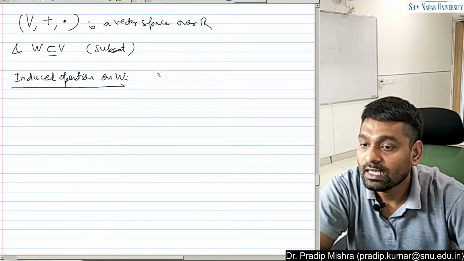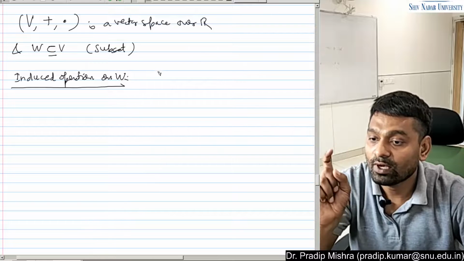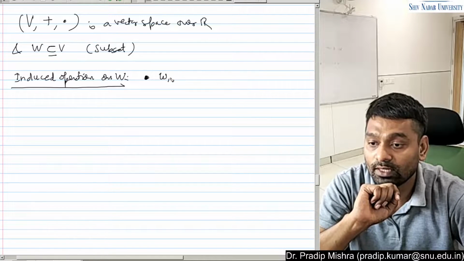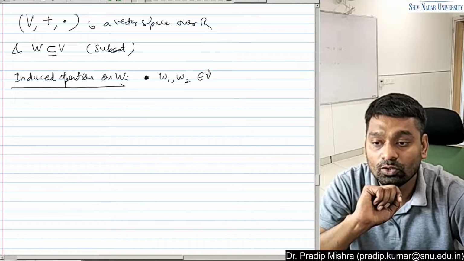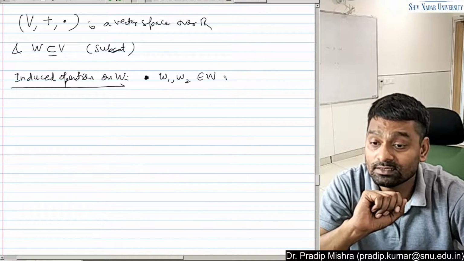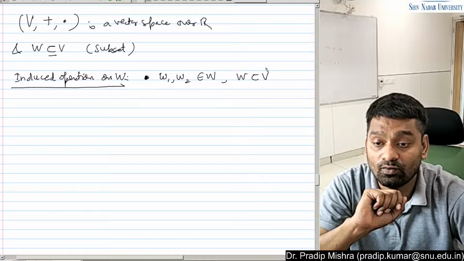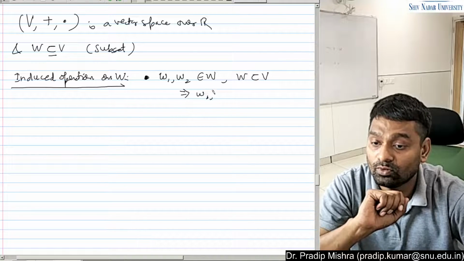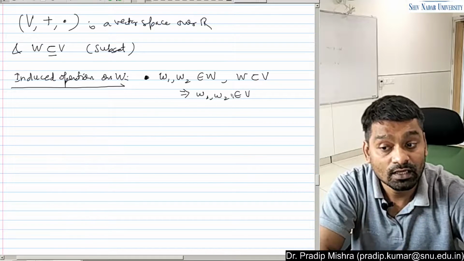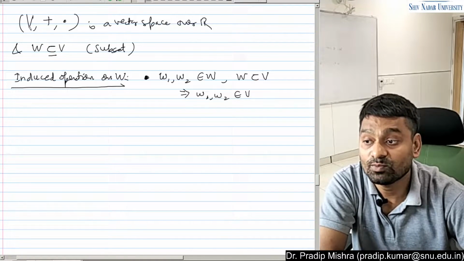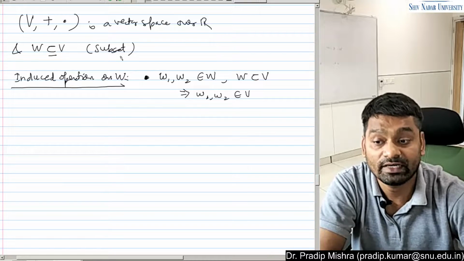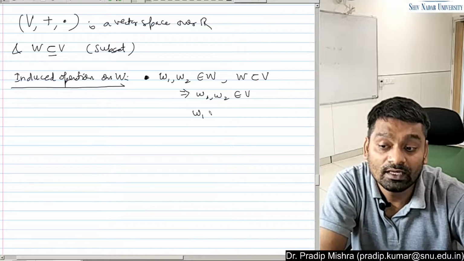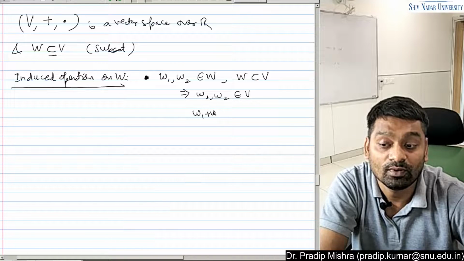What does that mean? Suppose you have w1 and w2 in W. Since W is a subset of V, this implies that w1 and w2 lie in V, and V is a vector space, so there is a vector addition. So we can talk about w1 plus w2.